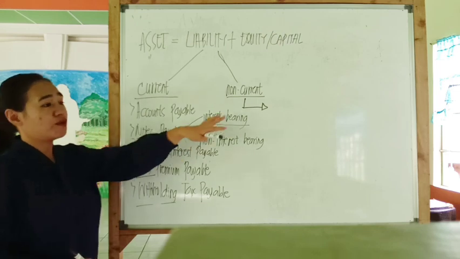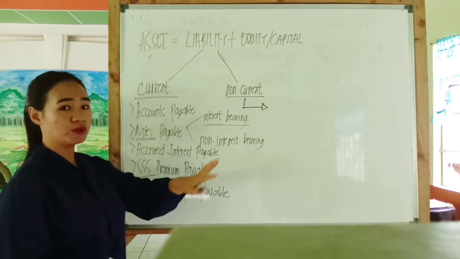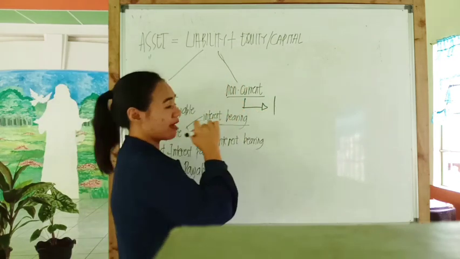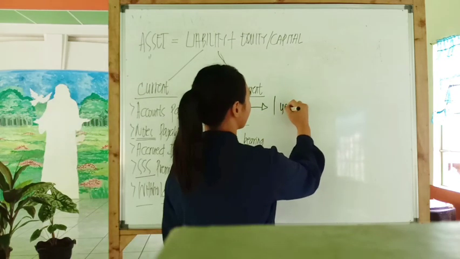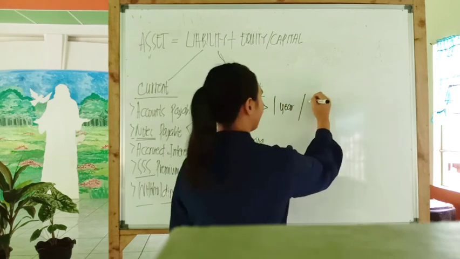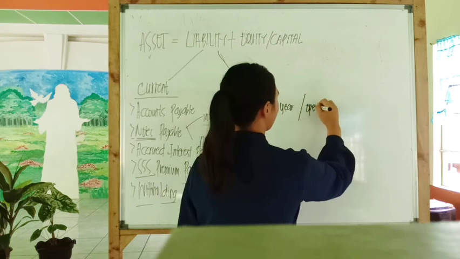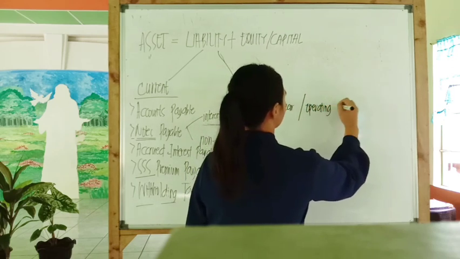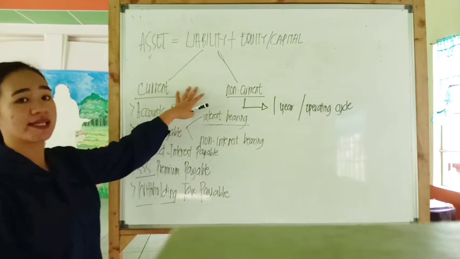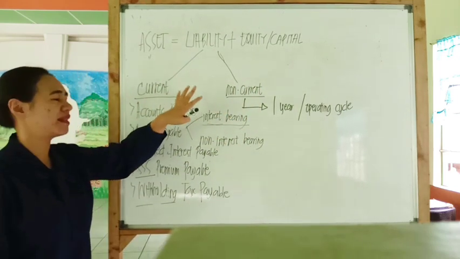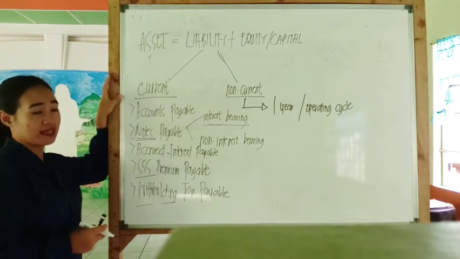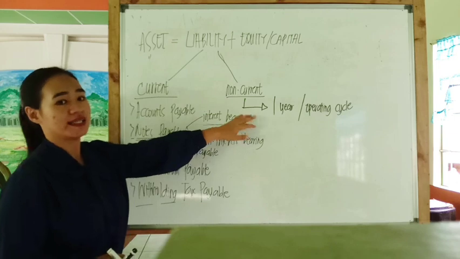So, if yung utang na yon is more than, sabi natin, more than 1 year or your operating cycle, that is considered as non-current liability. Basta hindi na-meet yung qualification ng current, i-consider na natin siya as non-current.